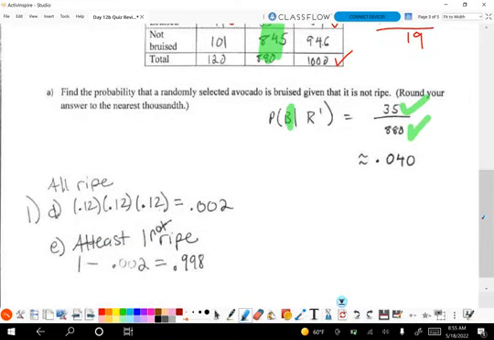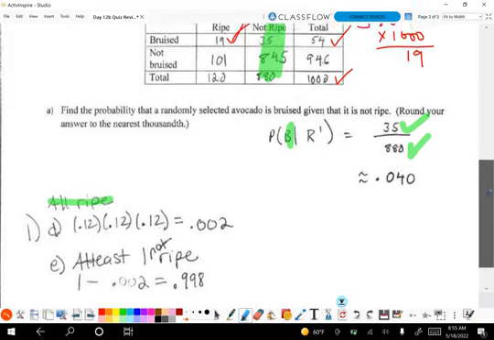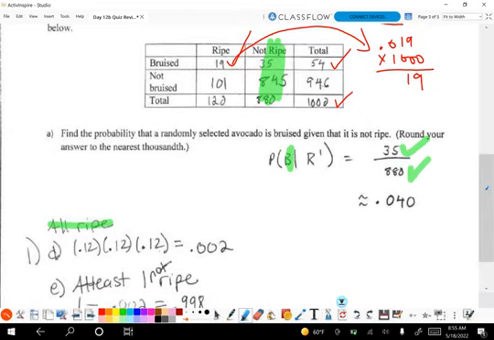Going back to question 1, there are 2 additional questions added from a previous year's review. The first question, 1D, asks, what is the probability that if I pick 3 avocados, all 3 of them are ripe? Since the ripe probability is 0.12, the probability of picking 3 ripe avocados is going to be the multiplication rule.